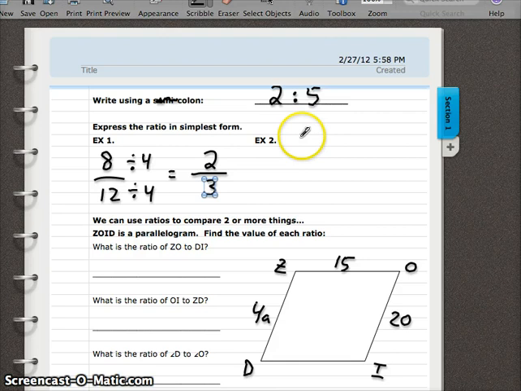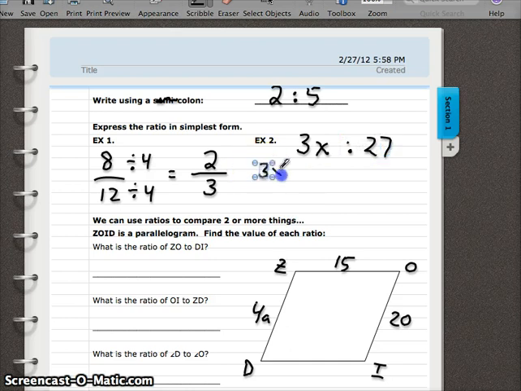Let's try another one. Let's try 3x colon 27. So sometimes when you're having to simplify things, it's easiest maybe to put it in fraction form to simplify and then change it back to the form that it was given to you in.